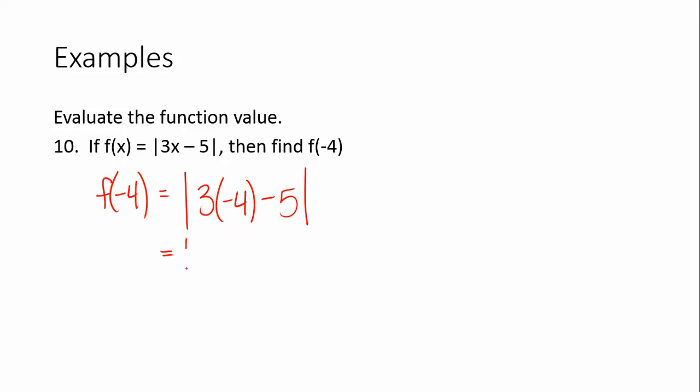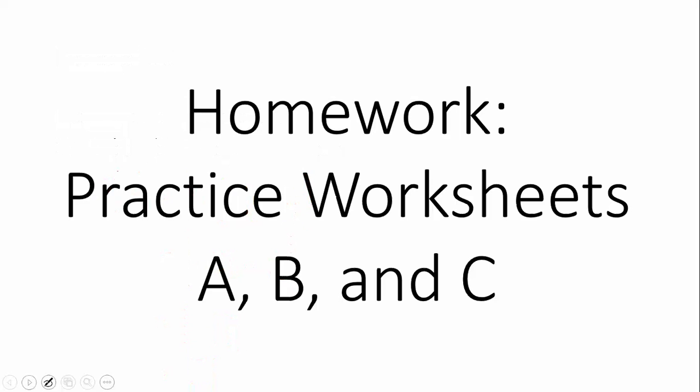We take the absolute value of 3 times -4, which is -12, and then we need to subtract 5. So we're taking the absolute value of -17, and the absolute value of -17 is positive 17. Remember, absolute value is a distance from 0. -17 is 17 units away from 0. So with an input of -4, we get an output of 17.